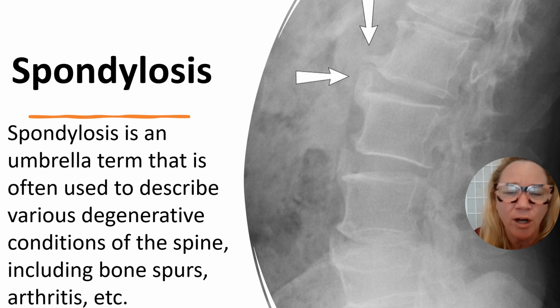So things like arthritis of the spine, bone spurs of the spine, and you can see a wonderful depiction of a bone spur developing on the anterior vertebrae with the arrows right here on this slide. Wearing and tearing of the discs between the vertebrae would be considered a spondylosis diagnosis as well.